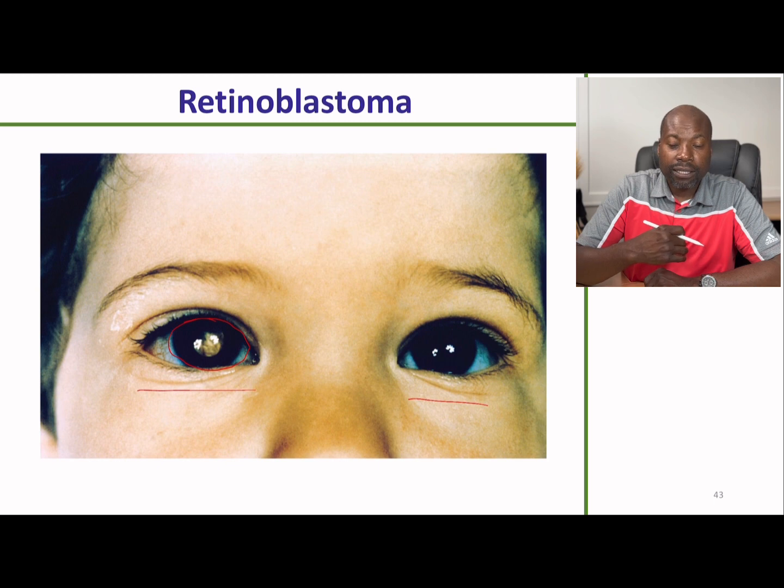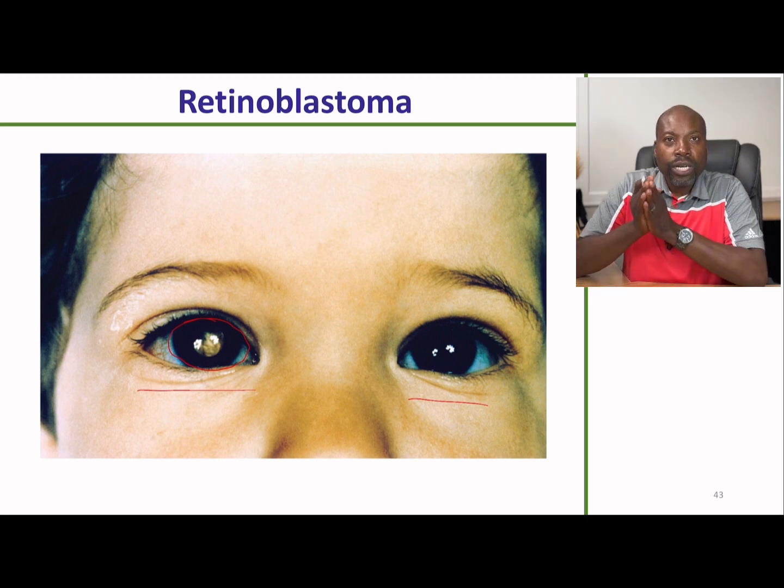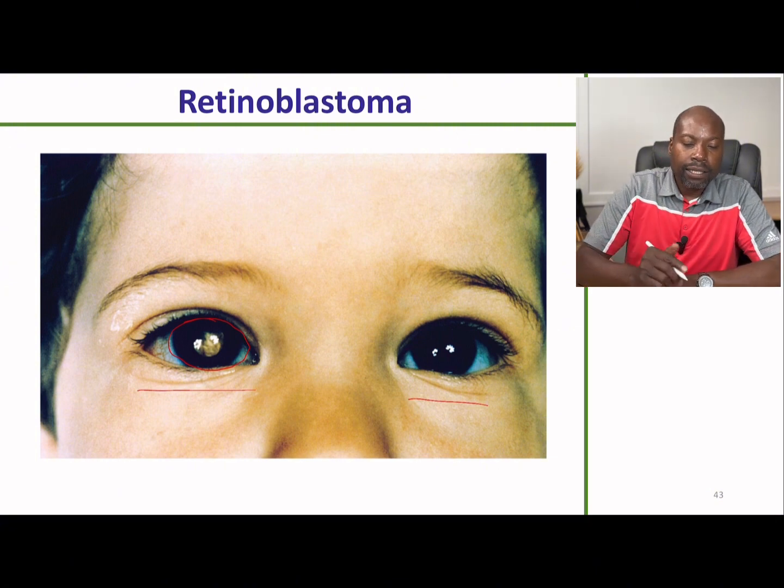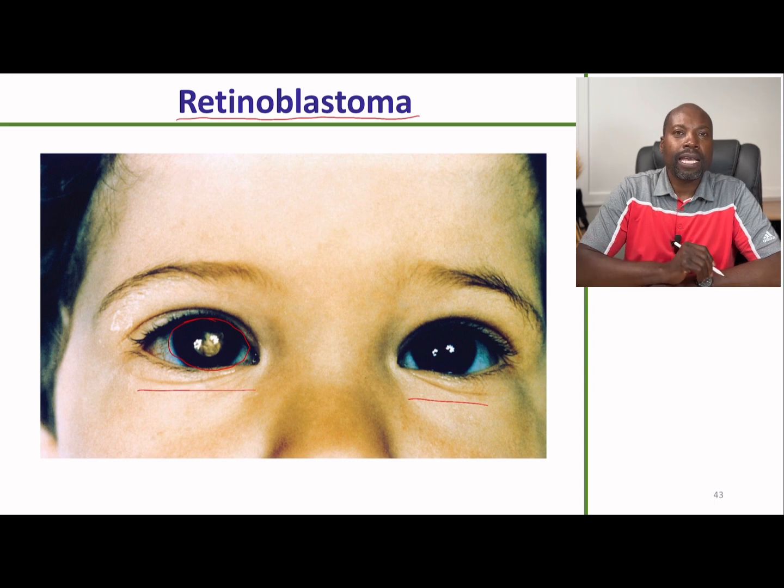Now, what is really incredible with today's technology is that retinoblastoma can be cured. Okay, it can be cured by doing some surgery.